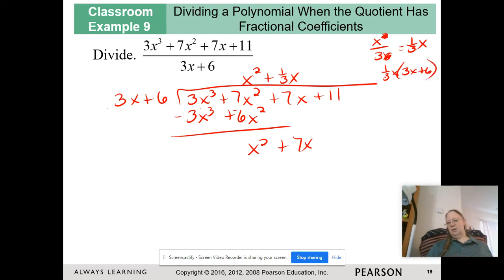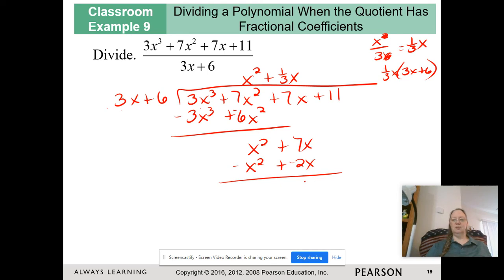Okay? So, remember, when I multiply a whole number times a fraction, we divide by the bottom, multiply the top. So 3 divided by 3 is 1, times 1 is 1, x squared. Same thing. 6 divided by 3 is 2, times my 1, I get 2x.